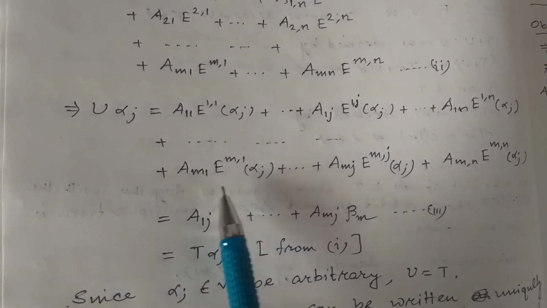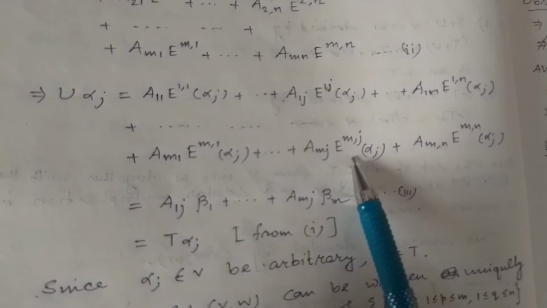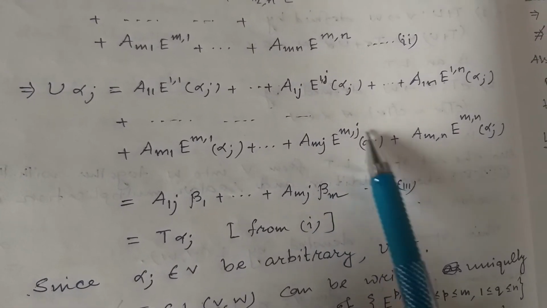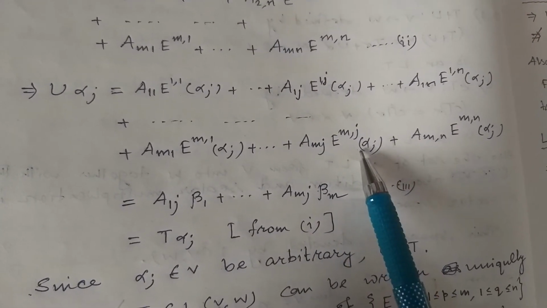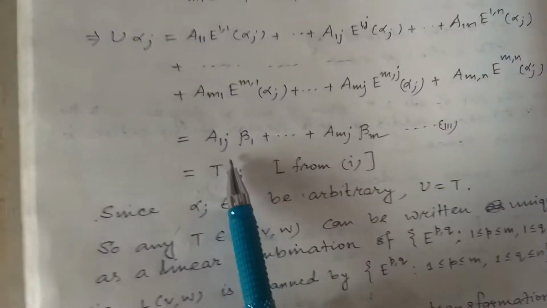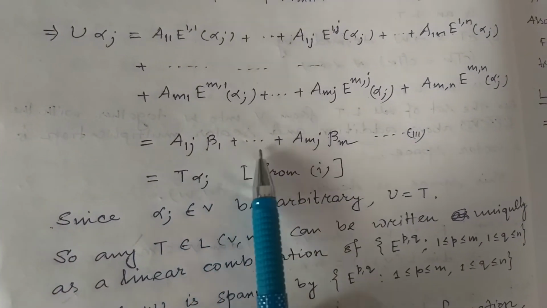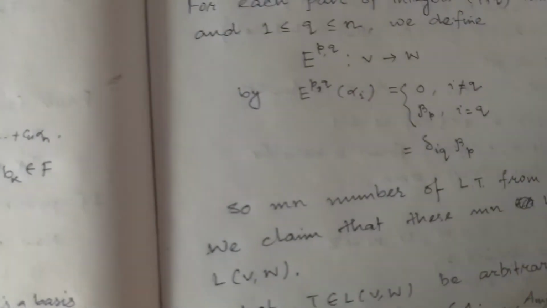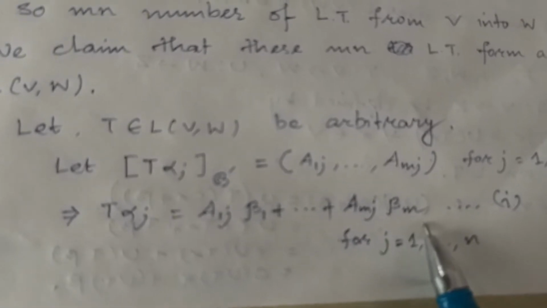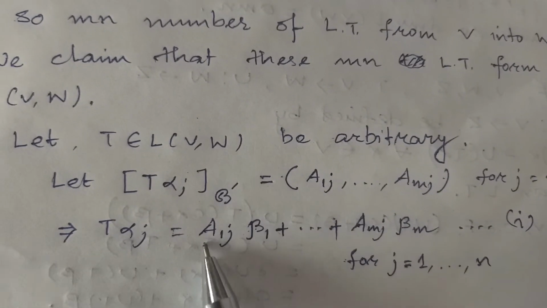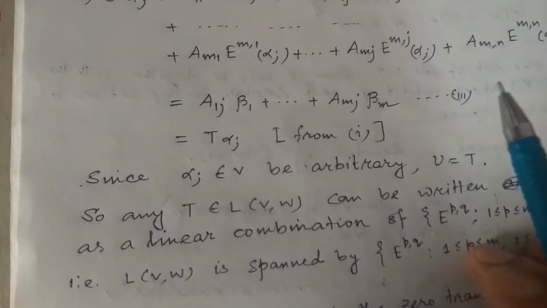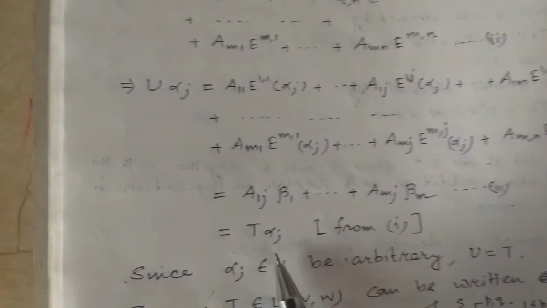Similarly from the last line we get amj beta m. Clear? But look at this element a1j beta 1 plus ... plus amj beta m. It is nothing but this. That means T(alpha j) equals U(alpha j).